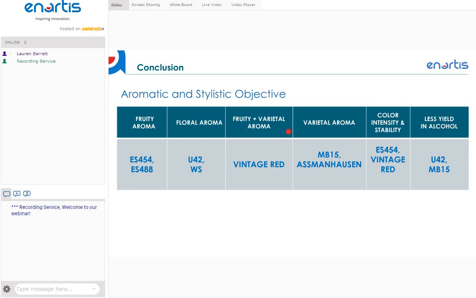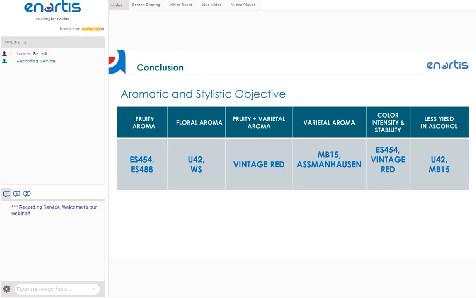For fruity and varietal aroma, Vintage Red would be a great candidate, and for varietal aroma, MB15, Assmannshausen. Increasing color intensity and stability would be ES454 and Vintage Red. For those in a warmer climate looking to reduce alcohol content, the U42 Saccharomyces uvarum would be a good candidate, as well as the MB15.